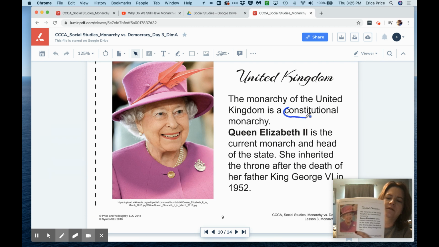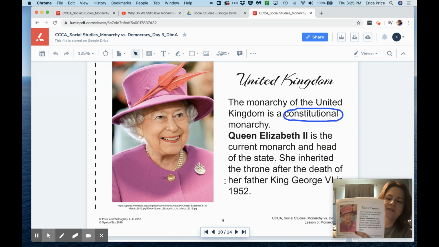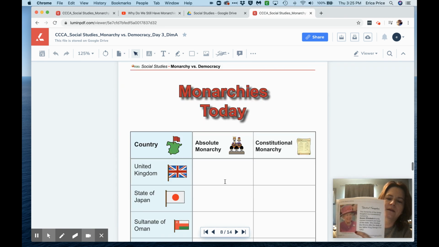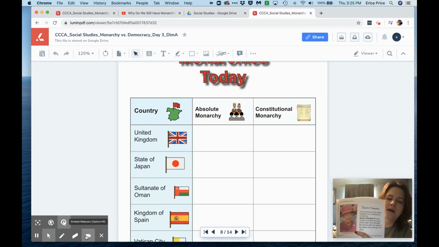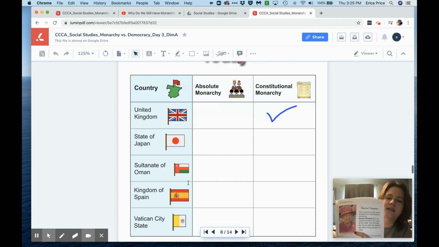Check it out. It's a constitutional monarchy. So if we had that chart in front of us, I'm going to scroll back. Right here, I would put a check mark in that box because it's a constitutional monarchy. United Kingdom is.